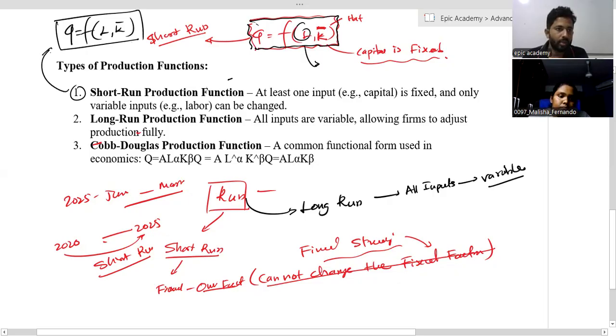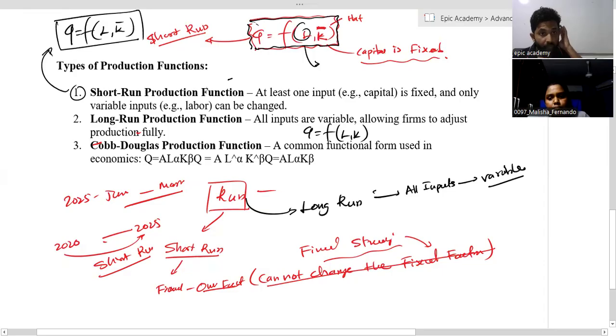If I write down something like Q equals F, L, and K, it belongs to the long run production process, because no factors become fixed. The hat always represents the fixed factor. In economics, in the long run inputs are variable following the firm's adjustable production. So everything can be changed.